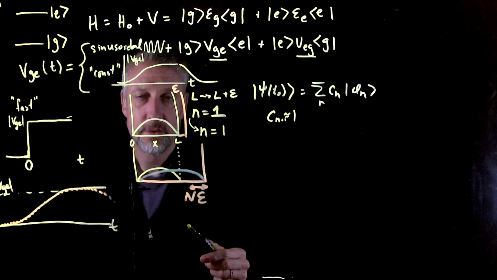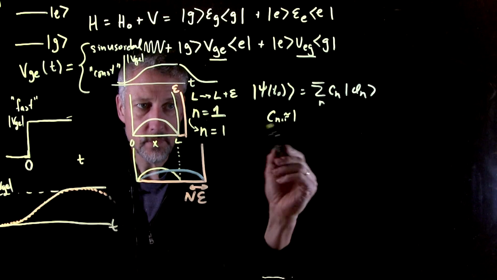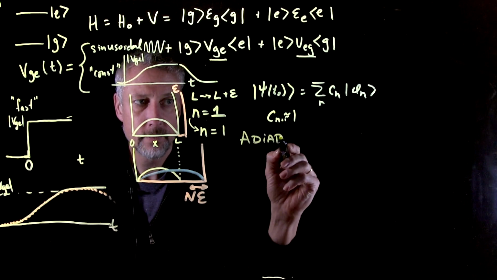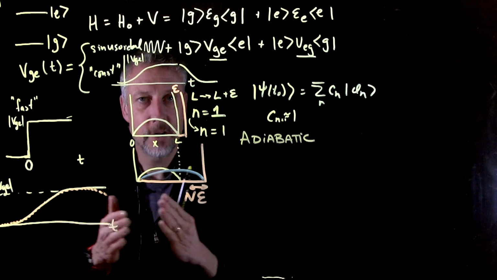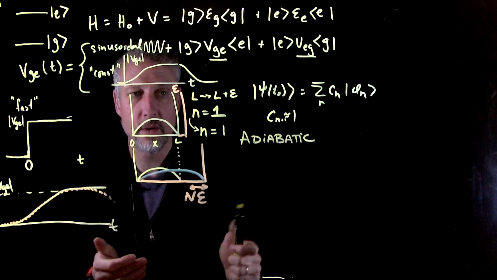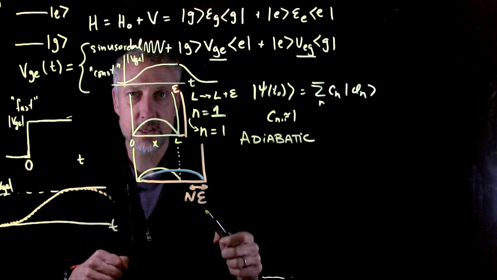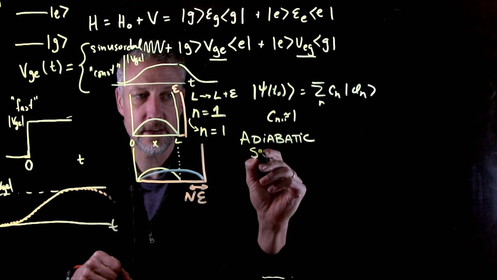All right. So this kind of transformation, where you go very slowly, is called an adiabatic transformation. And we're doing it very, very slowly. In this case, the term adiabatic refers to the fact that the state doesn't change. Right? So the state stays, the state doesn't change.